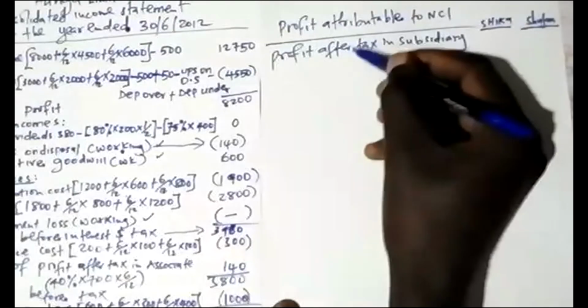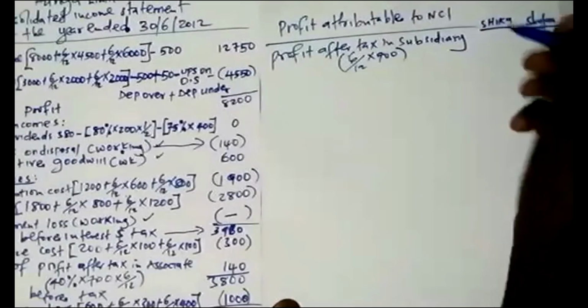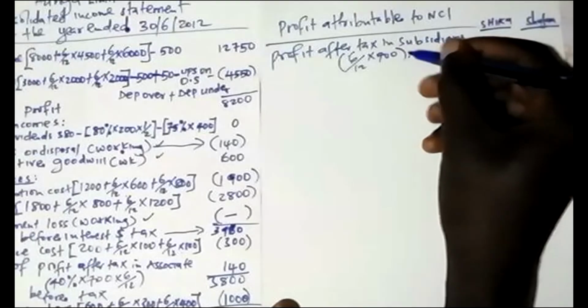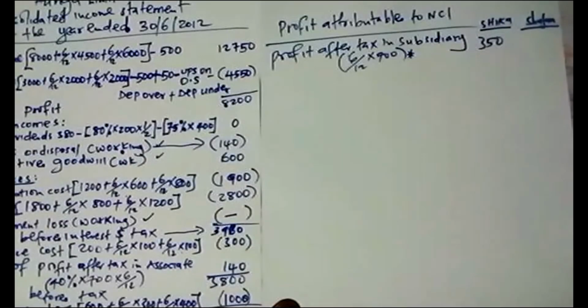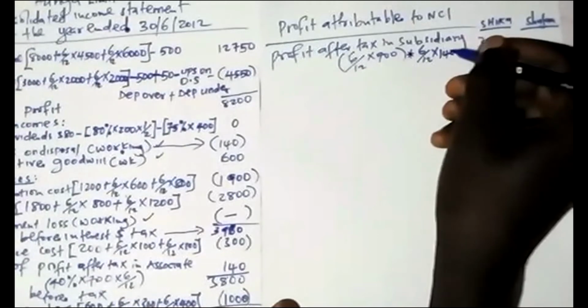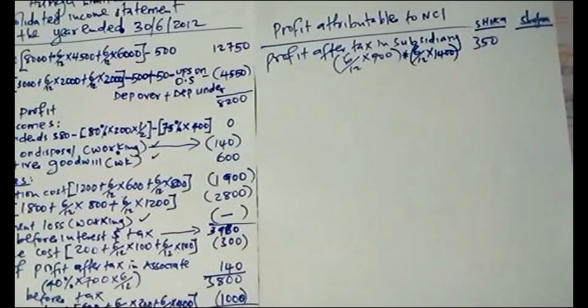So the profit after tax for Shika was 700, so I'm getting 350. Then for Shuja, it was 1400. So 6 over 12 times 1400, because Shuja was a subsidiary for the last 6 months. So the answer there is 700.